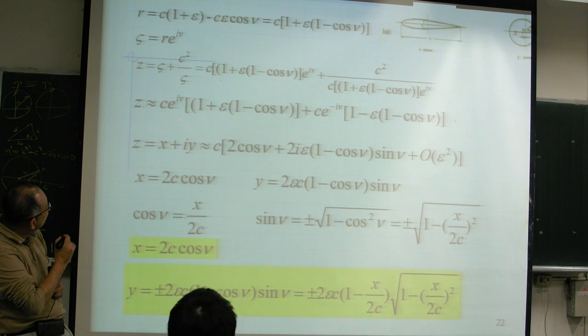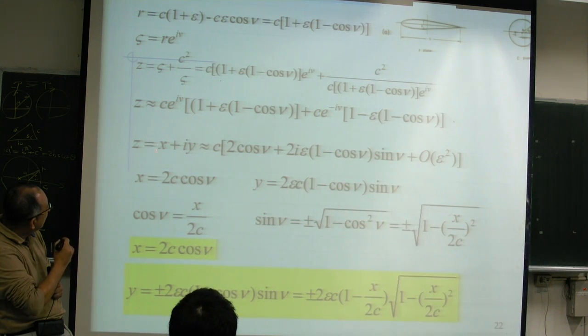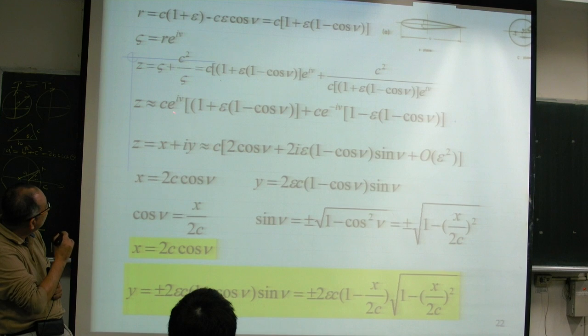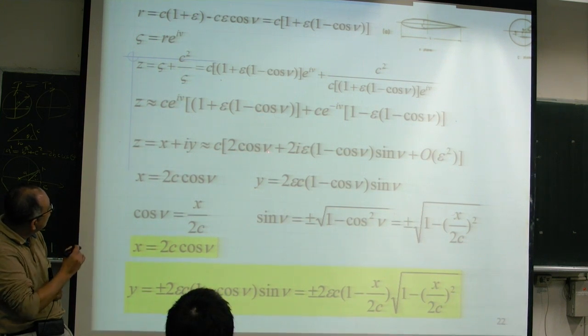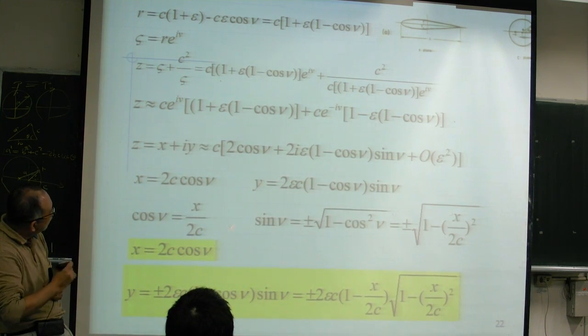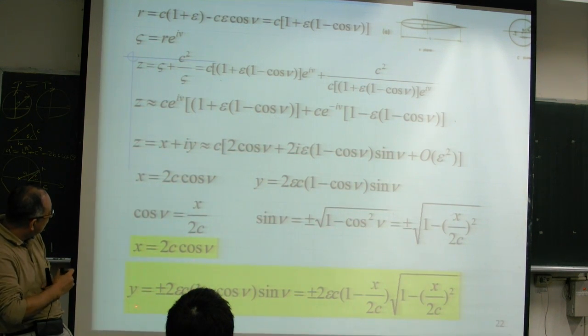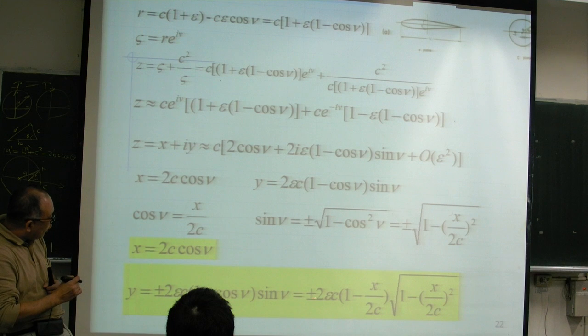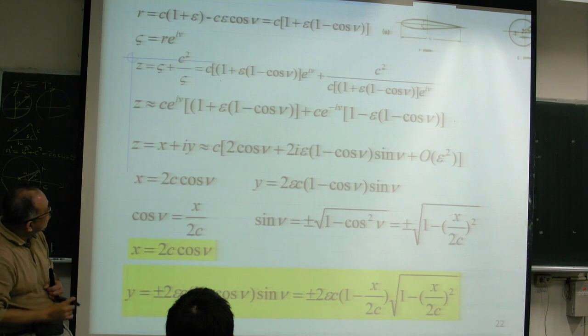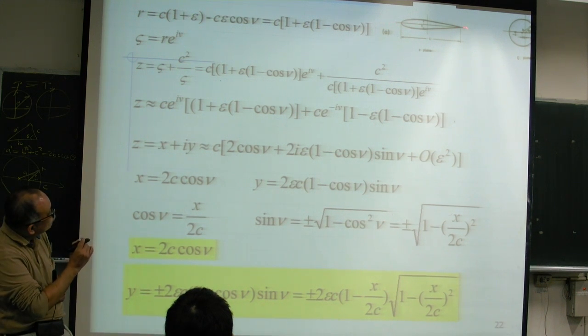We go through a little bit of mathematics, but not very complicated. z is equal to x plus i y, with the real part x and the imaginary part y. We transform this into the real part and imaginary part, and later you will find x is equal to this, y is equal to this, and y has a positive and a negative value. If you plot this, you can find this is our geometry.